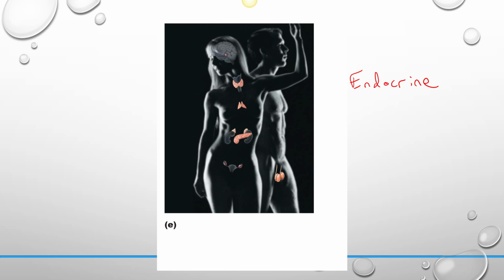There are many other organs that participate in hormone production and in serving the function of the endocrine system, and we'll learn about more of them later on in the semester. Endocrine system's major function is, again, communication.